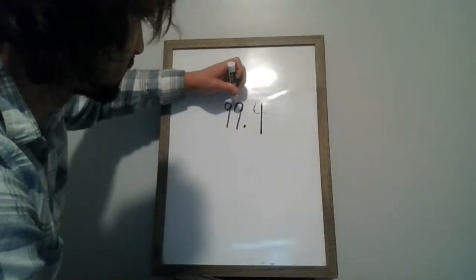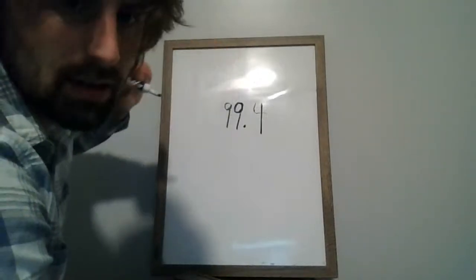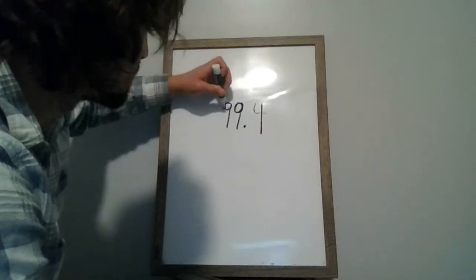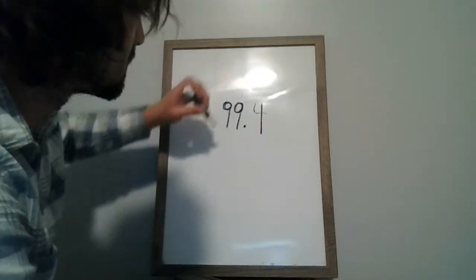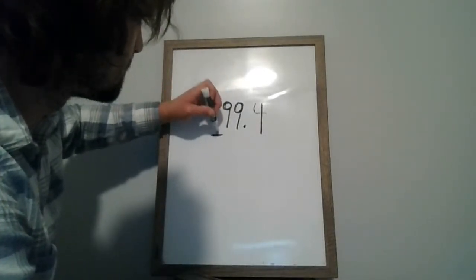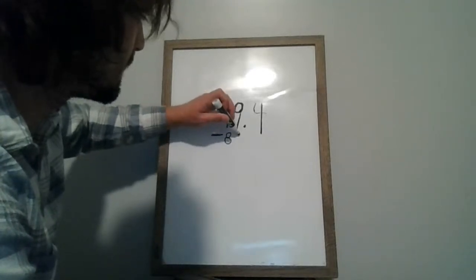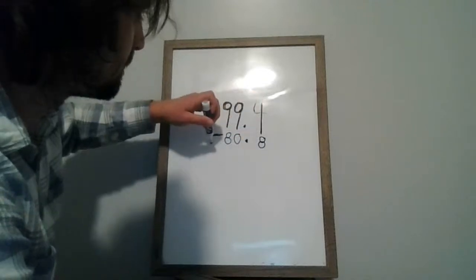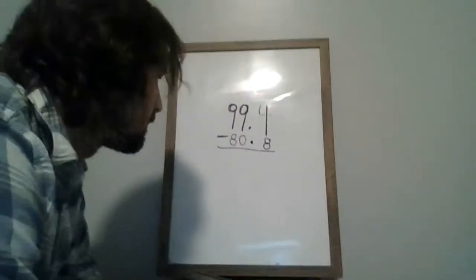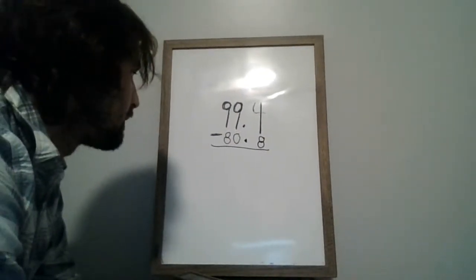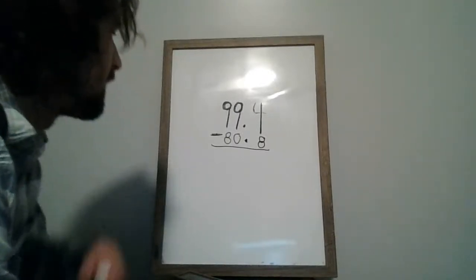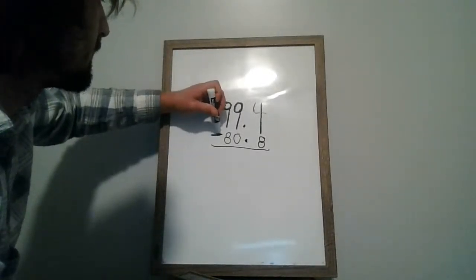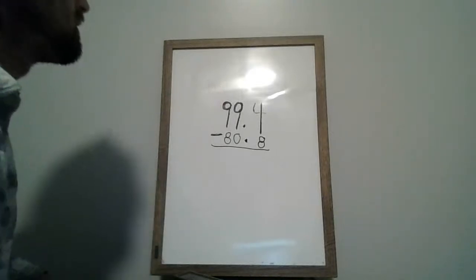Make this 9 so y'all can see it here. Minus 80.8. Really, the correct way to pronounce that is 99 and 4/10 minus 80 and 8/10. But you guys know what I mean. You guys and girls know what I mean. All right.